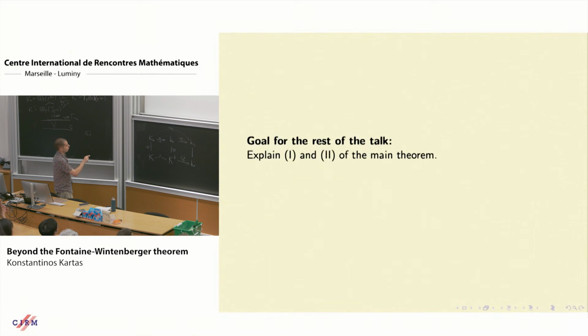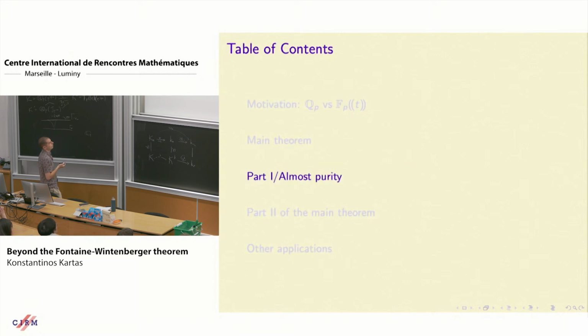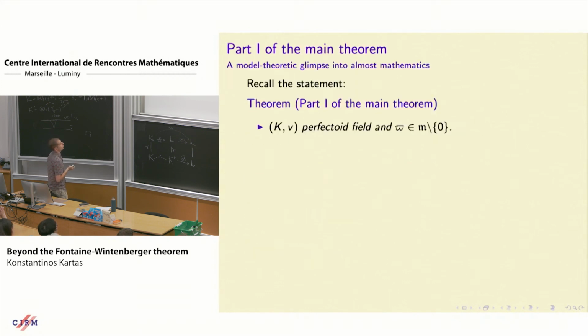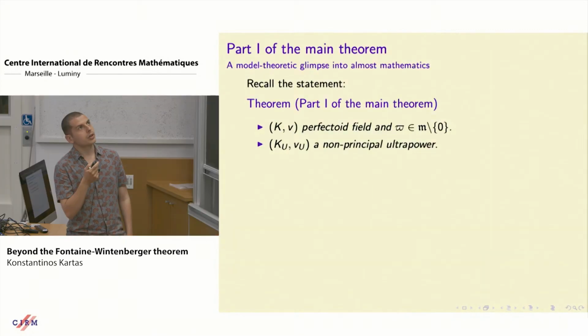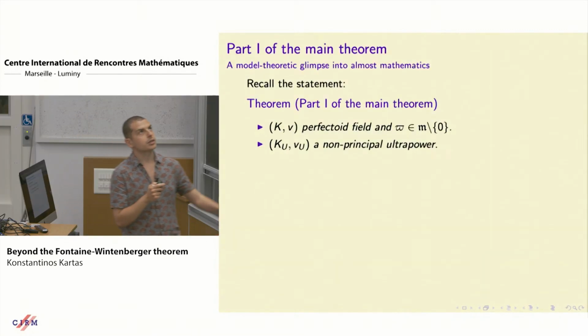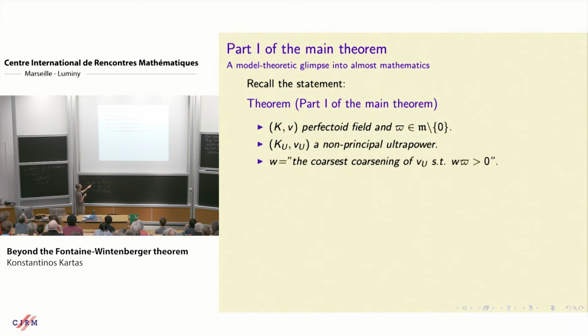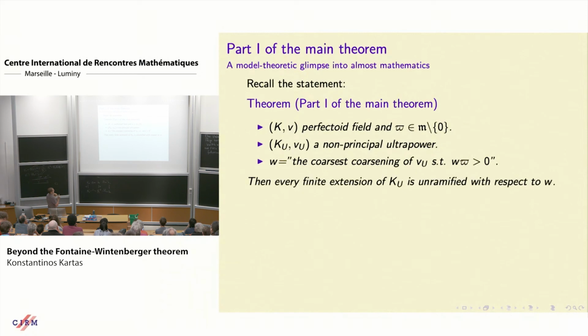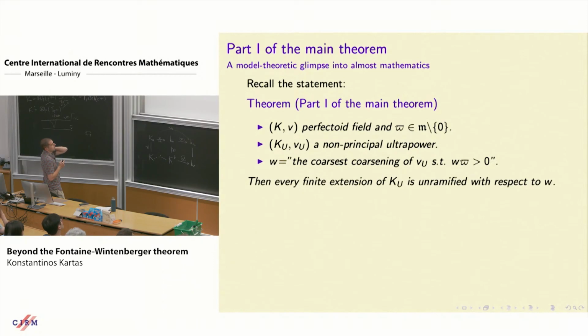So for the rest of the talk, I will just try to explain this picture. Okay, so here's part one again. Part one is just to remind you, this part which says that the valuation is nice, and that's what it means to be nice in this case.